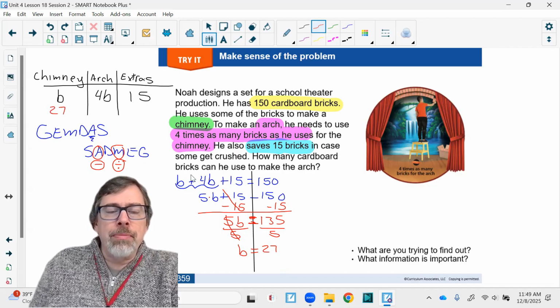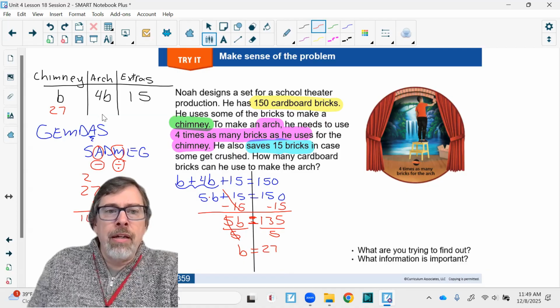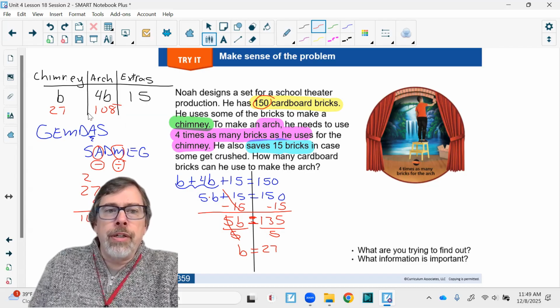That's what that means. And then if I take 27 times 4, I get 28. And 4 times 2 is 8 plus 2 is 10. He used 108 bricks for the arch. And 108 plus 27 is 135 plus 15 is 150. So to answer this question, it's right here.